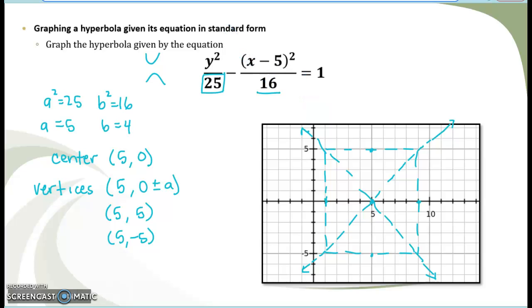So these are just guides, but the actual graph of the function is this vertex and then the curve that ends up following the asymptotes, like this. But the asymptotes are very important guides that help us know what the behavior of that curve is. So that's graphing a hyperbola given the equation in standard form.